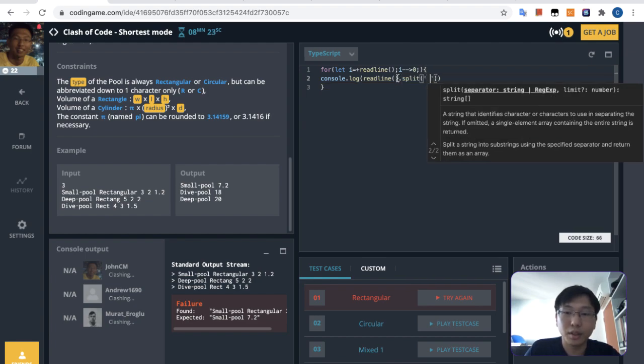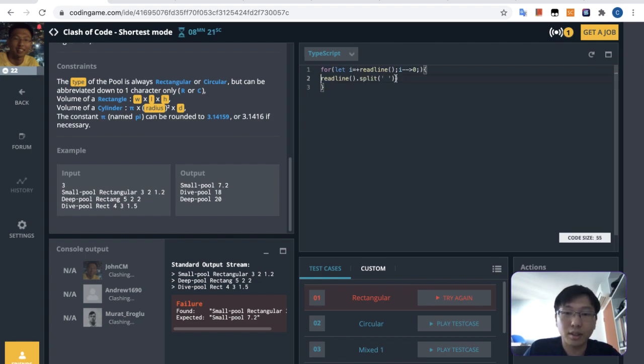Okay, so we have this readline.split. I just wonder if we could group it into A B C D. Oh gosh, I need to do this apostrophe.